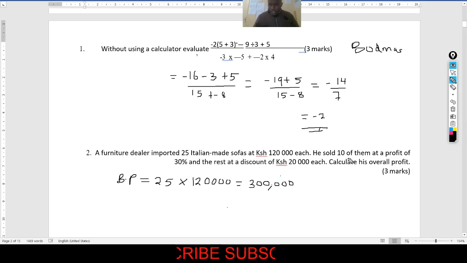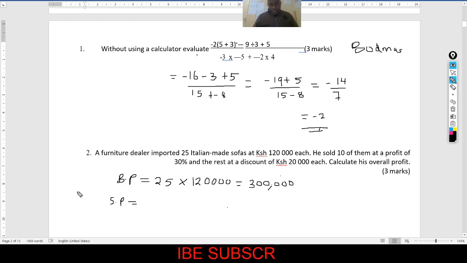He sold 10 of them at a profit of 30% and the rest at a discount of 20,000 each. So now the selling price: 10 at a profit of 30% of the buying price for 10.